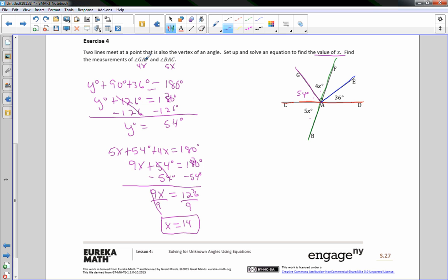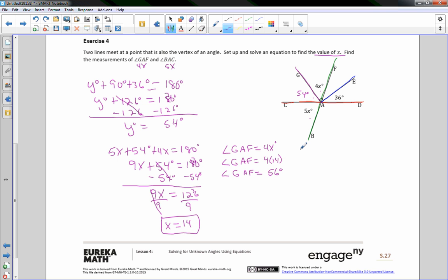Find the value of angle GAF. So then I would say angle GAF equals 4x. So angle GAF equals 4 times 14. And angle GAF therefore will equal 56 degrees.